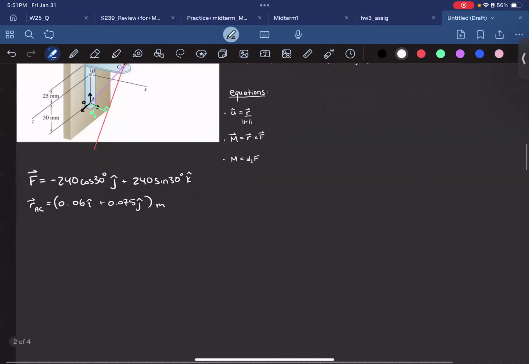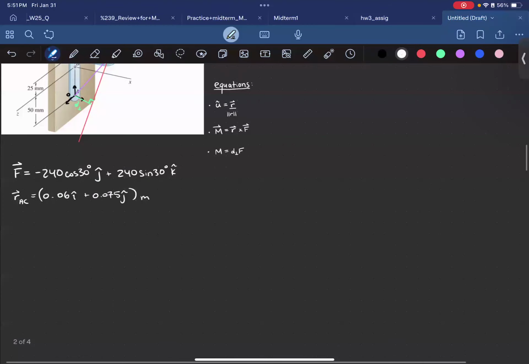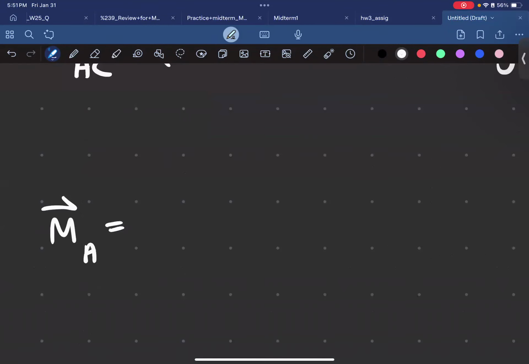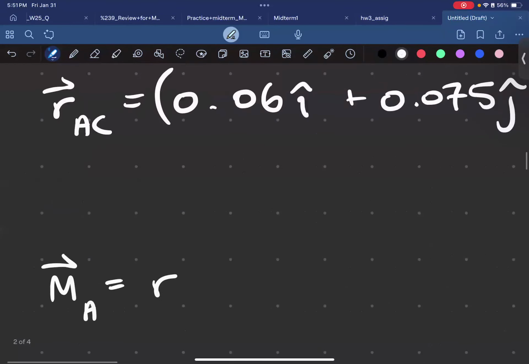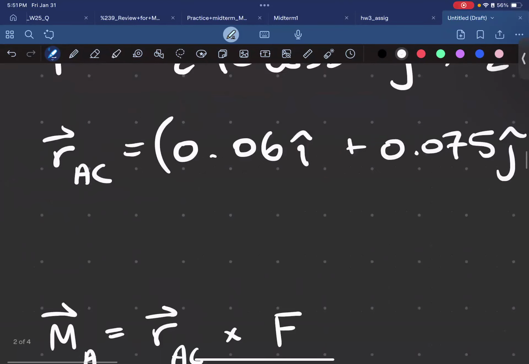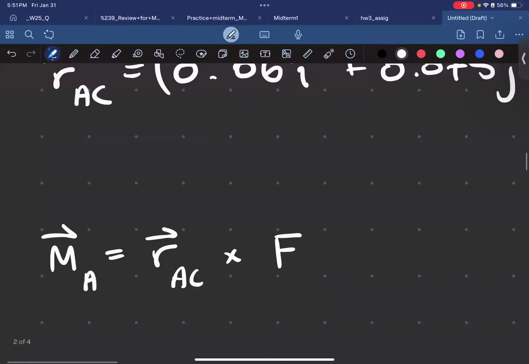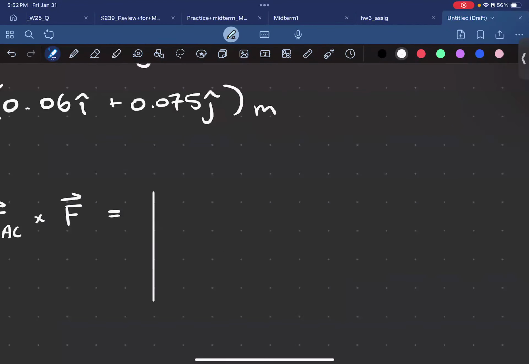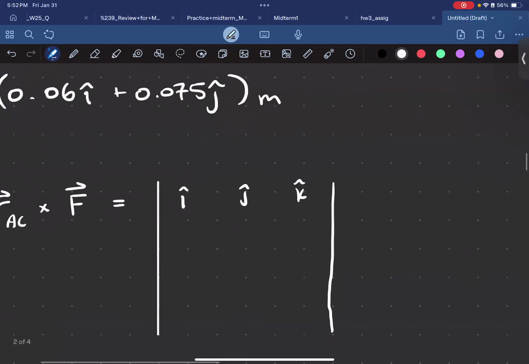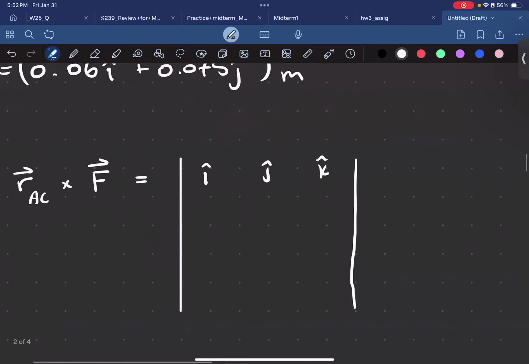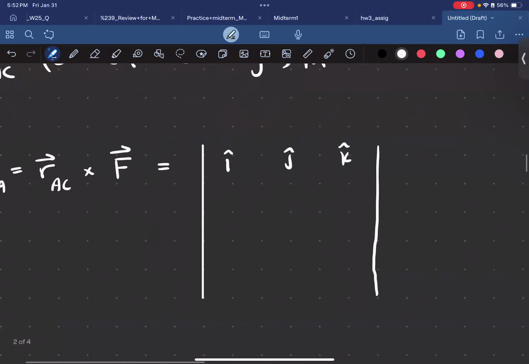So let's set that up. We have the vector moment about A is equal to r_AC cross F, which is equal to, and then I'm going to set up this cross product like so with our I, J, and K components. And remember the order of the cross product matters. So first has to be the direction vector.